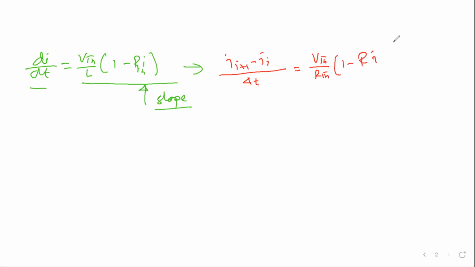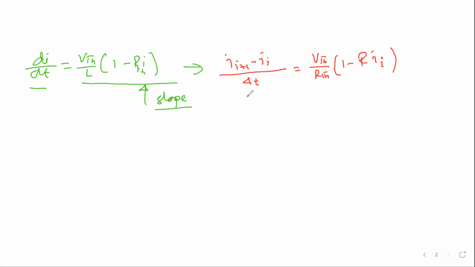Usually, if we have an explicit algorithm, it means that you will have your unknown on one side and your known quantity on the other side. That means you can completely calculate the unknown values with the help of known values. So this is your explicit type algorithm. In this case, we assume that our previous value i will be known to us, and we need to calculate the next value i plus 1.